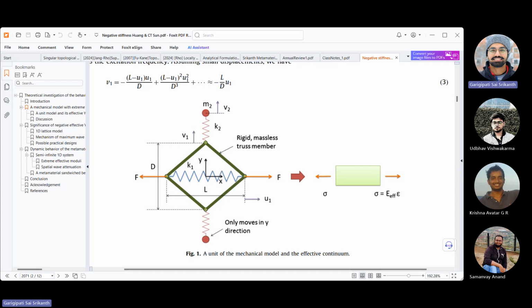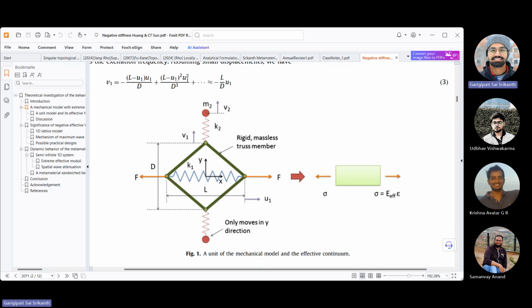If this is the main direction, this is the transverse or lateral direction, and this mass is supposed to be constrained to move in only the vertical direction. If we analyze this system, it's a very tricky system. At first there are many things here, but it can really be simplified. One thing is, how do we know the kinematic constraint of how V1 moves when the U's are moving?